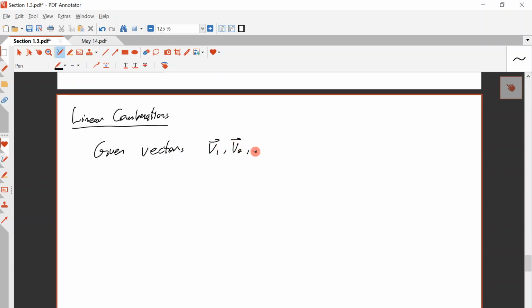Linear combinations. Given vectors v1, v2, through vm, all in n dimensions.